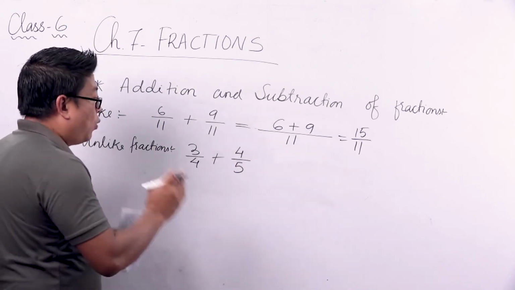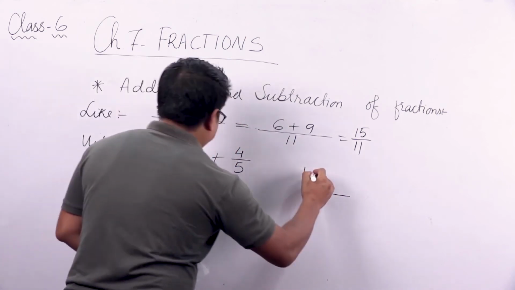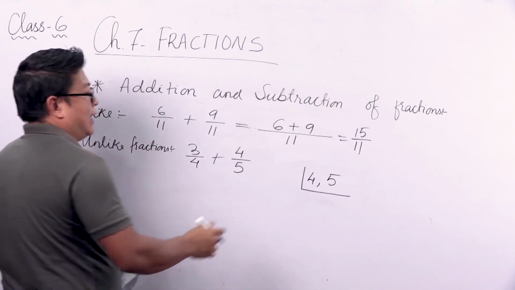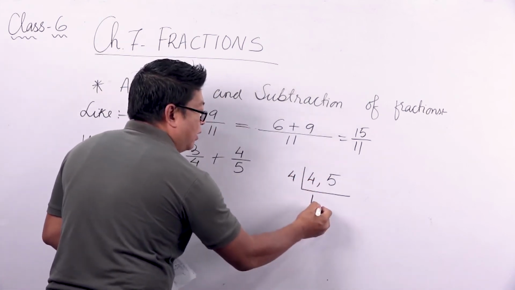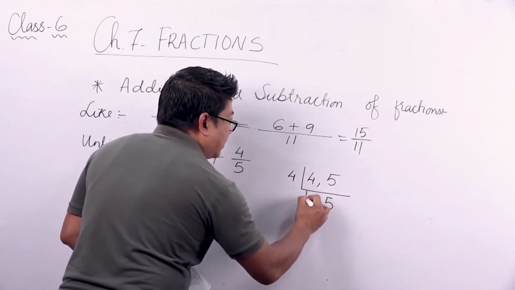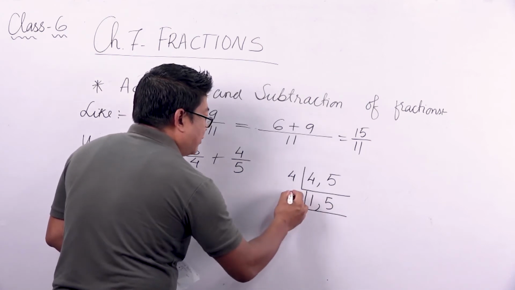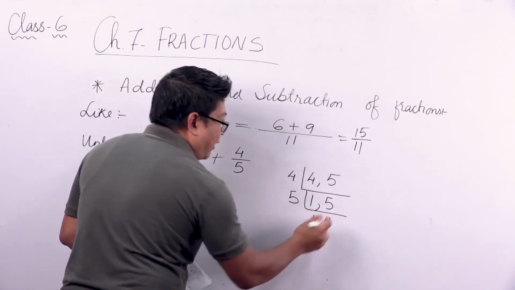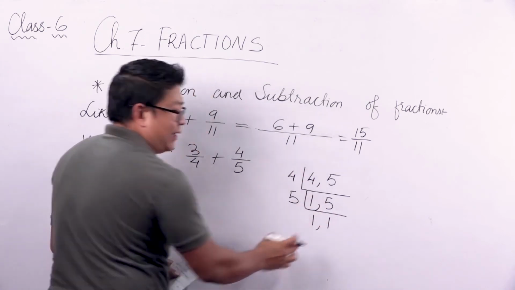Okay. So what we have to do is we have to find the LCM by prime factorization. So I will write like this, and the first number is 4. So 4 into 1 is 4. 5 I cannot. So I'll keep it like that. Next, I have 5, 1 and 5. So 5, this 1 will remain as it is. 5 into 1 is 5. So we will continue with this until we get 1 in the end, okay?